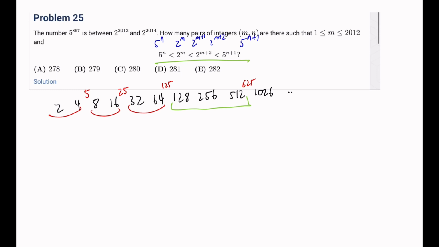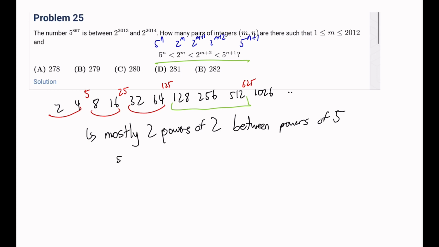And so what we can see here is that mostly it's 2 powers of 2 between powers of 5, but then sometimes 3 powers of 2. And so we can use the information that they give us at the very start.